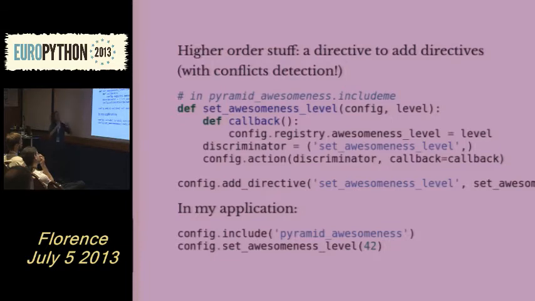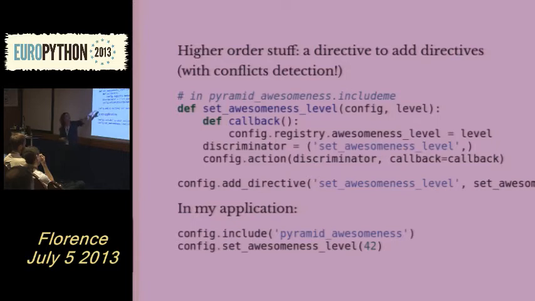There are two things to do when I add a directive. I have a callback, which is the configuration code itself, and I have a discriminator, which is basically: if I call two directives with the same discriminator, they are conflicting. I just have a function that takes my configuration object and the argument. I set the callback and the discriminator, and I call config.action to add this configuration action.